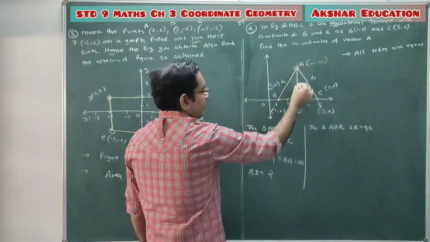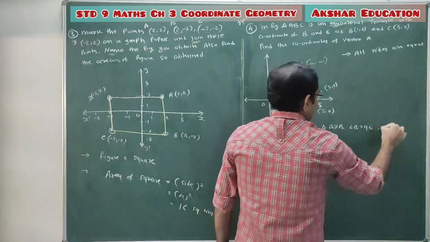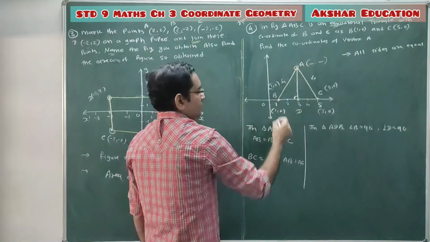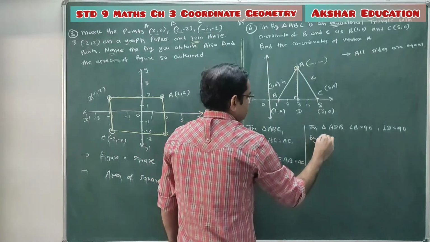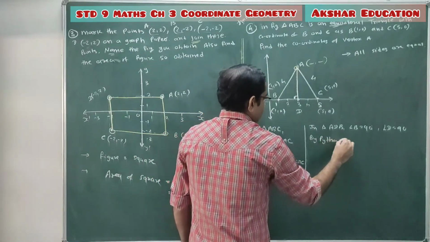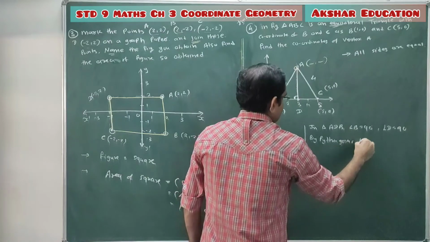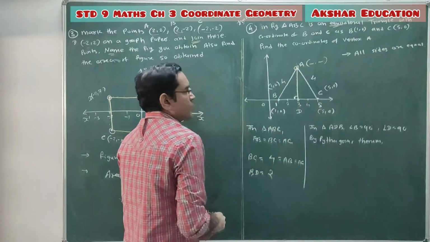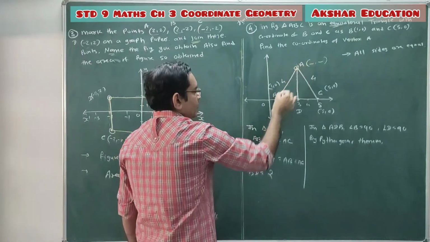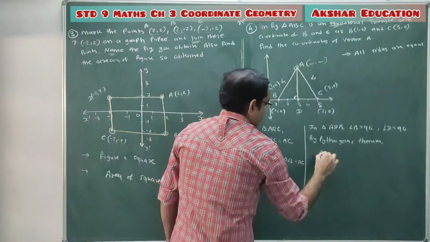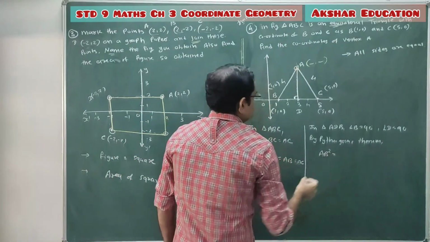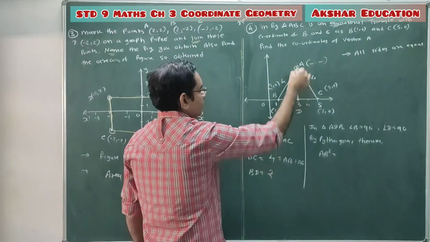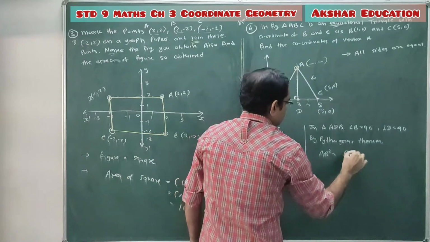So consider the right angle triangle ADB in which angle D is 90 degrees. So we can apply the Pythagoras theorem. By the Pythagoras theorem, the square of the hypotenuse, and here the hypotenuse is AB, so AB square equals BD square plus AD square.